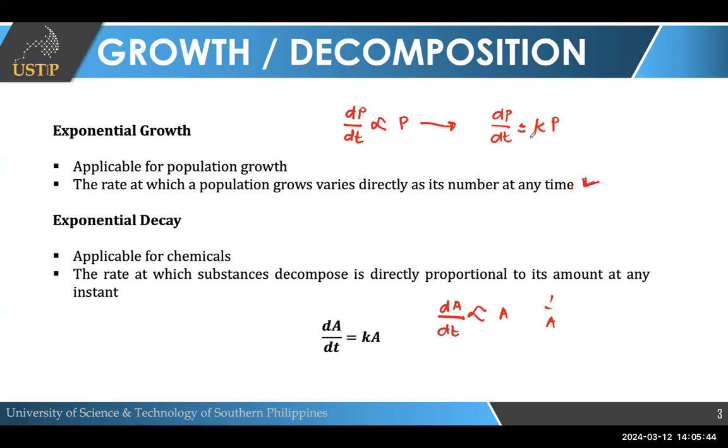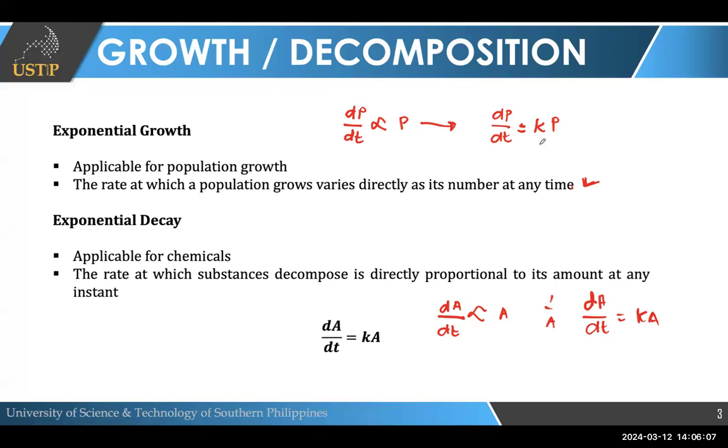This constant is the value at which your population increases over time, which is why it is directly proportional. The same is true for our decay. If you introduce a constant, dA over dt equals kA.